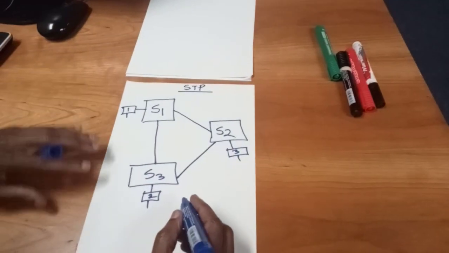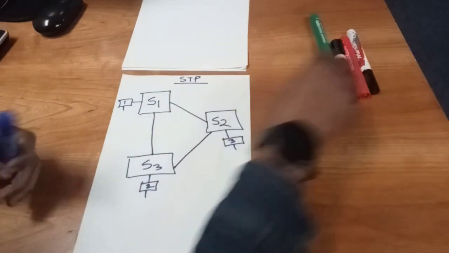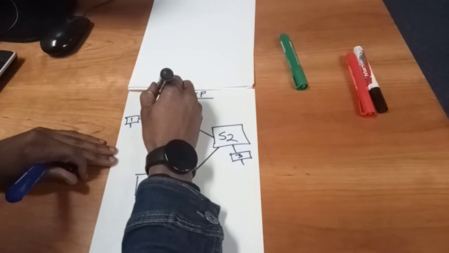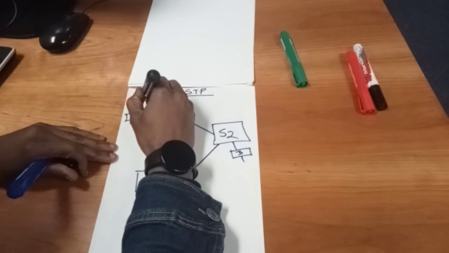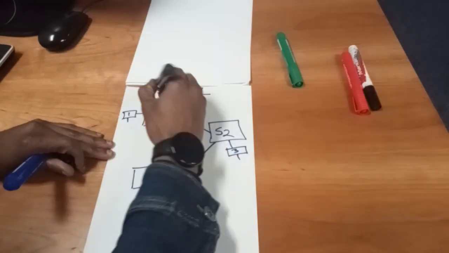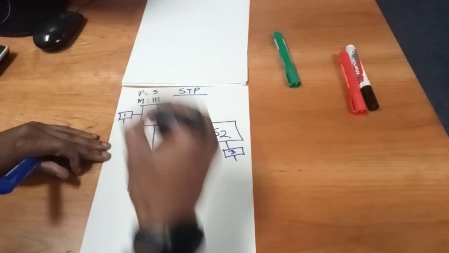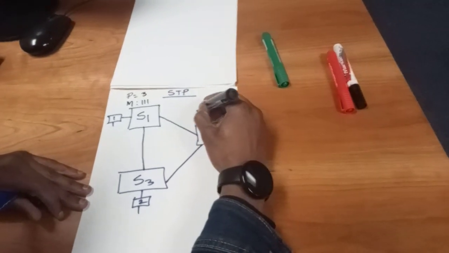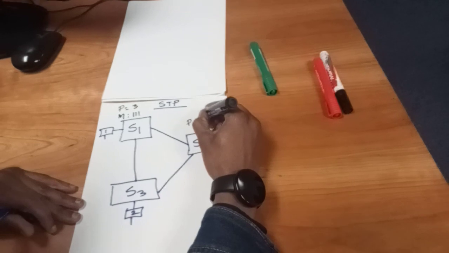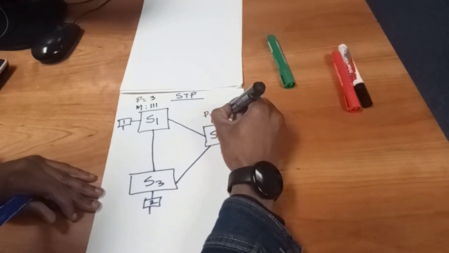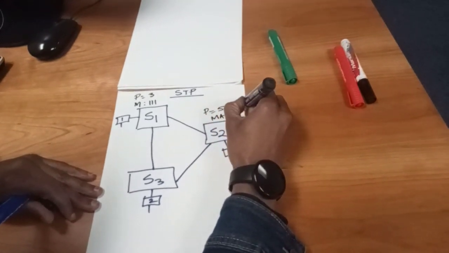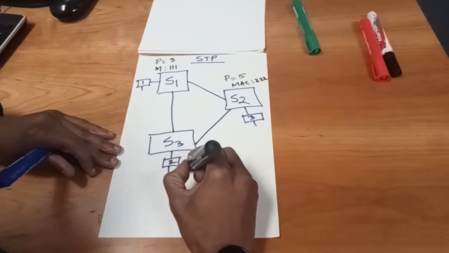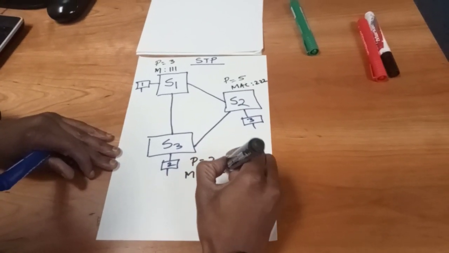So for every switch, you are going to have what we call a priority. For this one, I can take a priority of 3, and my MAC address for this switch can be maybe 111, right? For switch number 2, the priority can be 5, MAC address can be 222, and for switch number 3, the priority can be 2, MAC address can be 222, right?